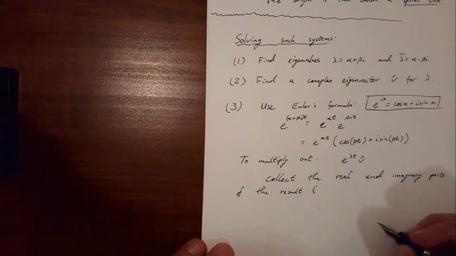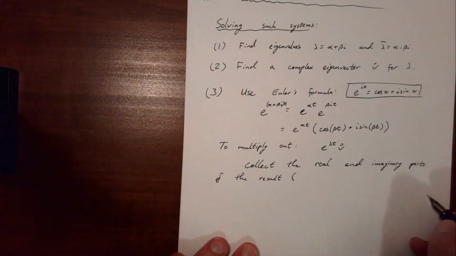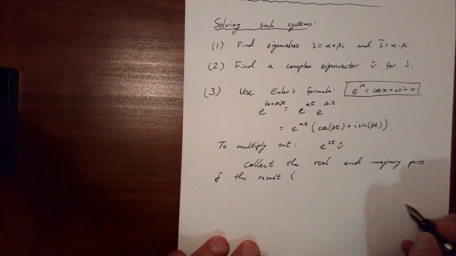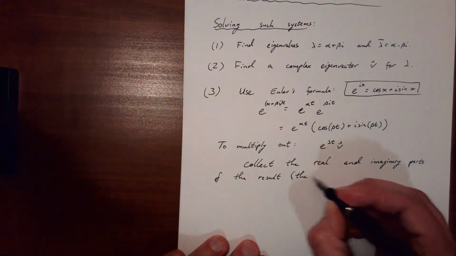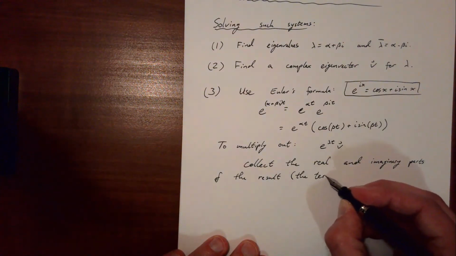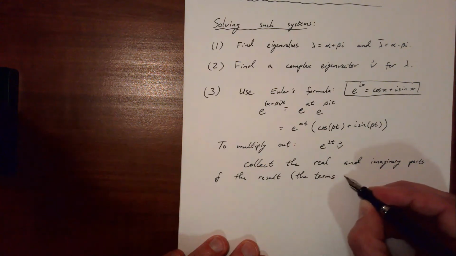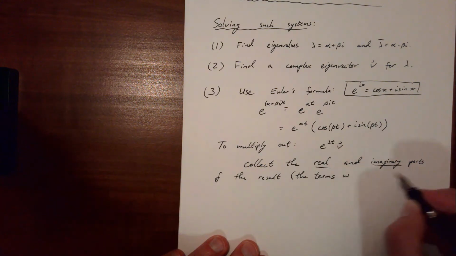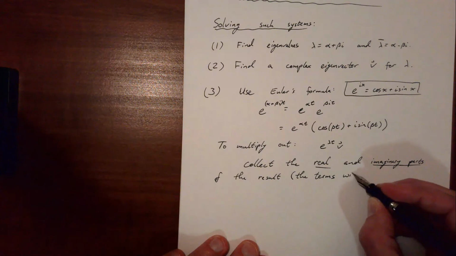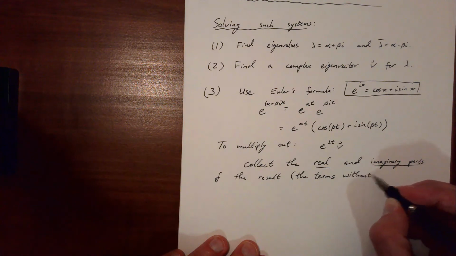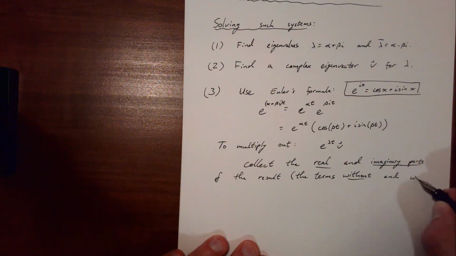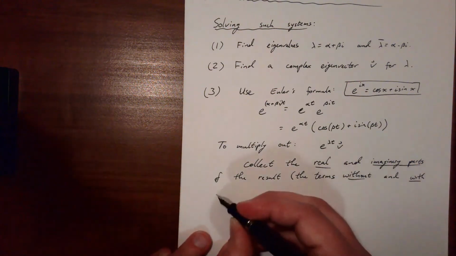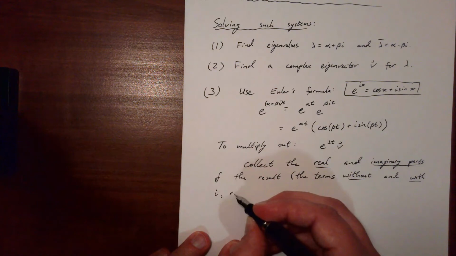And of course, what real means is no mention of i, and what imaginary means is the term that has the coefficient of i. The terms without and with i, respectively.